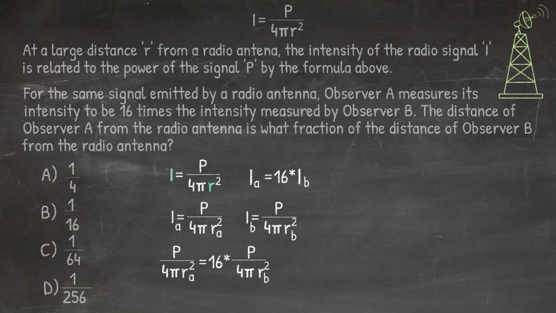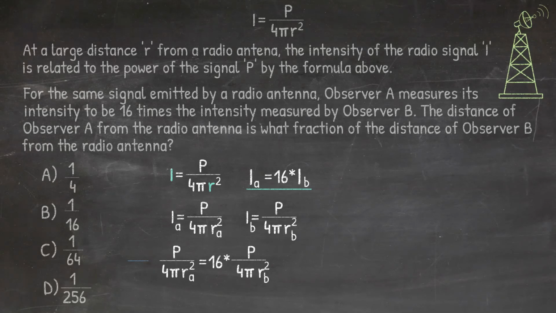And in this case, it is 16 times the intensity that observer B measures. Let's now zero in on r A and r B, the distances of observer A and observer B. One way would be for us to get rid of the constant pieces of the formula, which is P over 4 pi.